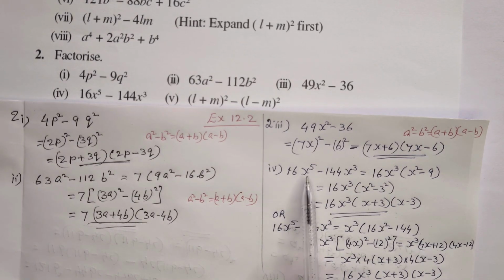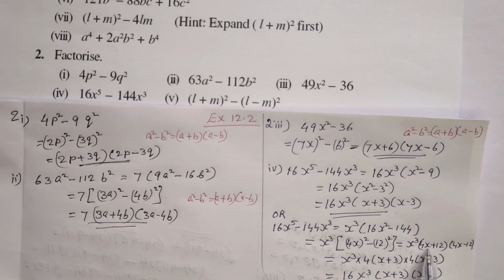That means if we are taking in this question x cube as common, remaining is 16x square minus 144. These two are perfect squares. We can rewrite that as 4x the whole square minus 12 square. That is in the form a square minus b square. So a plus b into a minus b: 4x plus 12, 4x minus 12.